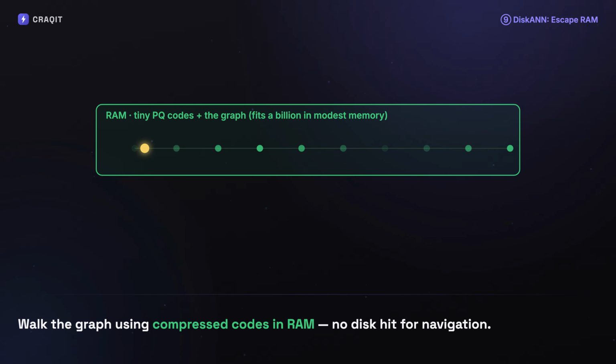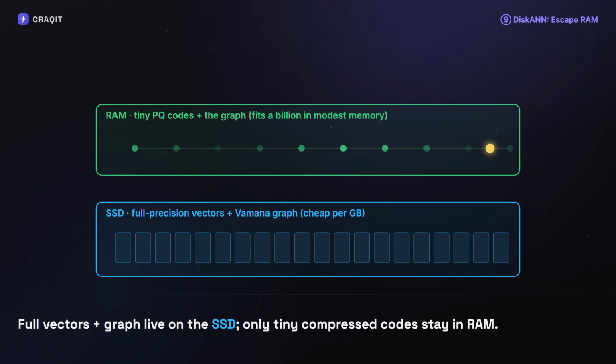Here's the elegant trick, and it stitches together everything we just covered. You keep 2 copies of your data. A tiny product quantized copy of every vector lives in RAM, small enough that a billion vectors fit in a modest amount of memory, and the full precision vectors plus the graph live on the SSD.